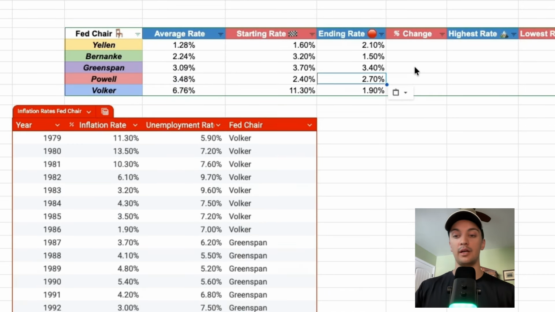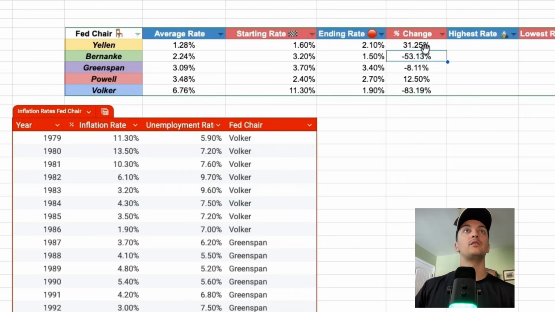Okay, so now let's grab the percentage change from that. Okay, cool. So we got the percentage change. So we see under Yellen, it started at 1.6, went up to 2.1, so a 31% increase. For Bernanke, started at 3.2, went down to 1.5, so a 53% decrease.